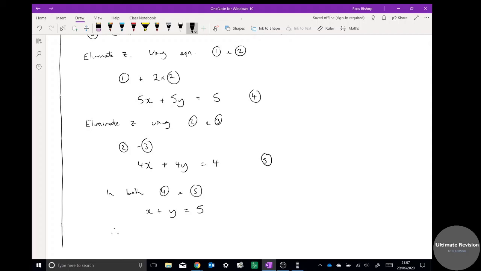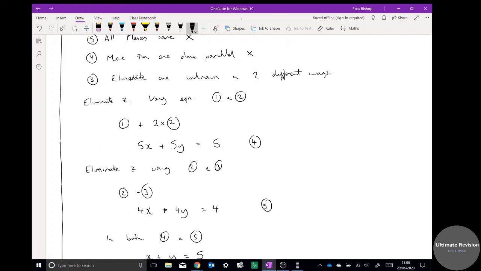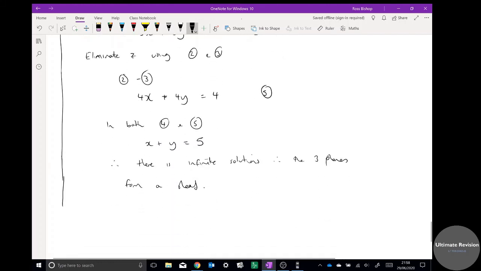Therefore, there is infinite solutions. X and y can be anything because they satisfy both those equations. So there's infinite solutions. Therefore, the 3 planes form a sheaf. Okay, there are infinite solutions there.